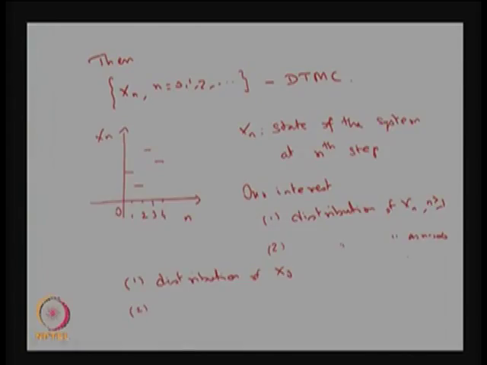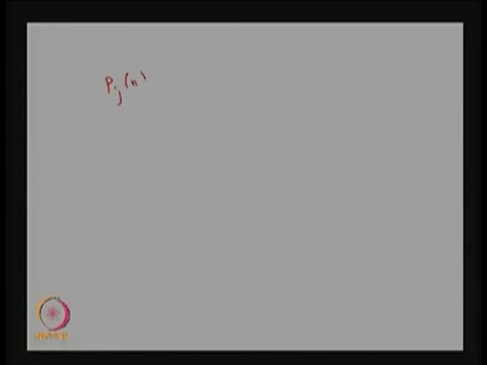For that, I am going to define a few conditional probability distributions as well as the marginal distribution for the random variable xn. Through that, we are going to find the distribution of xn for any n as well as n tends to infinity. The first one I define is the probability mass function p suffix j of n, that is the probability that xn takes the value j.